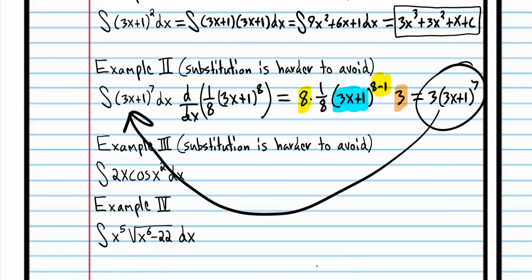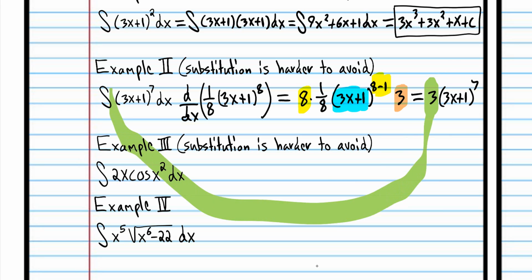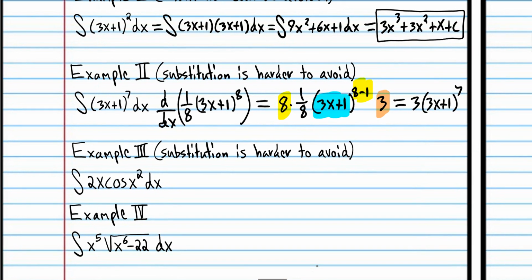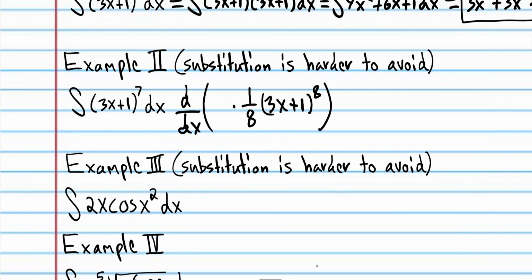We found the derivative and we got almost the same thing, except we have this green 3 in front, and I don't see any 3 over here, so we have to counteract that 3, but that's okay. All we have to do is just move this over and modify the expression by multiplying by 1/3, because that'll counteract the 3 that's the multiplier.